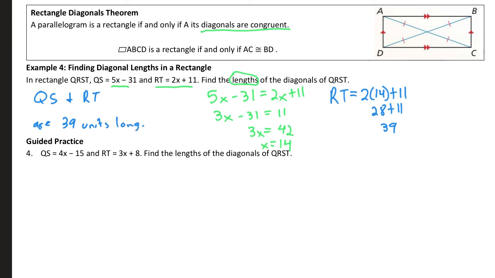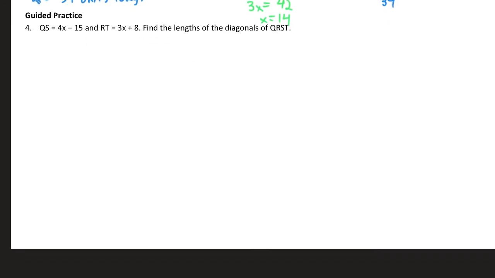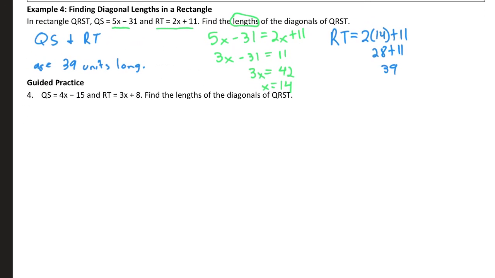I didn't give you units like inches or feet or whatever, but it's knowing set the diagonals equal to each other, solve, substitute back in to find the measures of each diagonal. So, sorry, I will leave that up there for a second. And then I'm going to give you a chance to start the guided practice. So take a minute, try to work through it, and then check your solutions with me when you're ready.